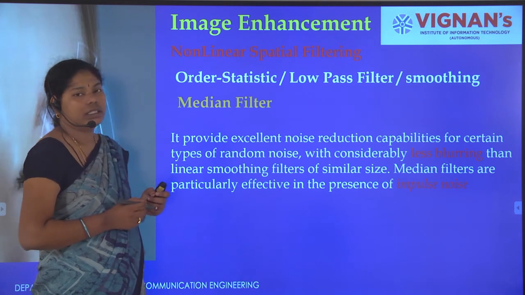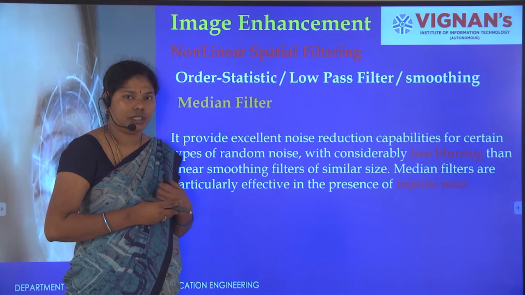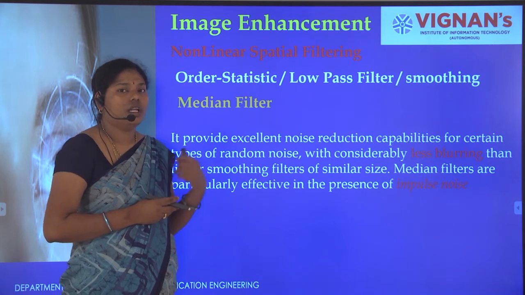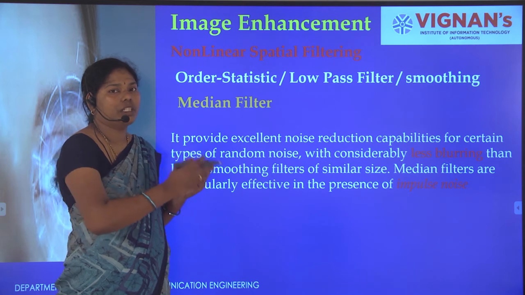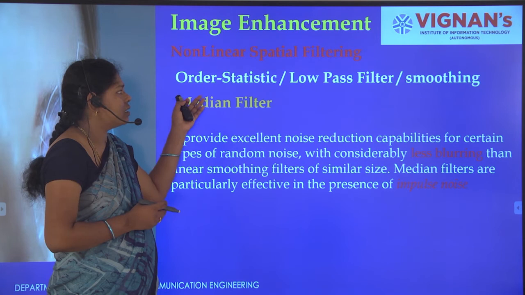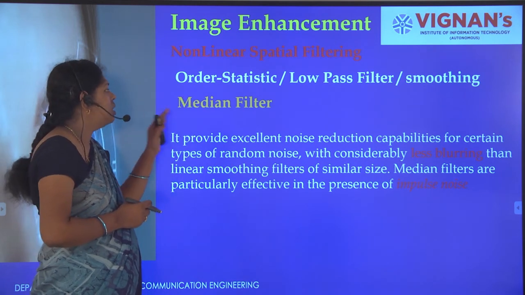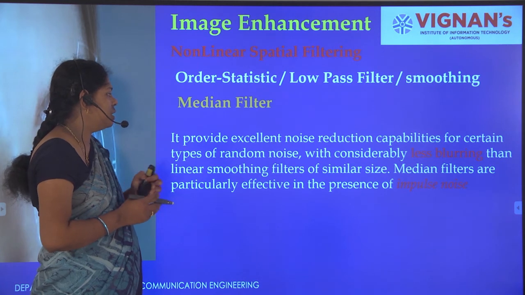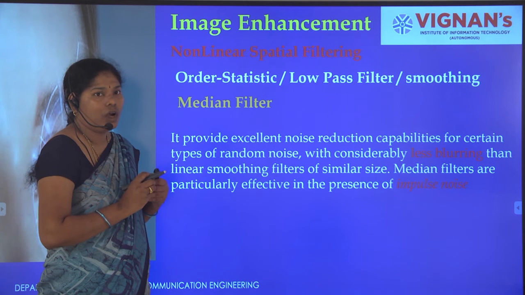That is the low pass filter averaging, that is the linear spatial filter, and that is linear. We are making it a summation of this. Now it is a non-linear order statistic low pass filter. It is a non-linear spatial filter, the median filter. Median filter is nothing but we have to identify where the median value is.